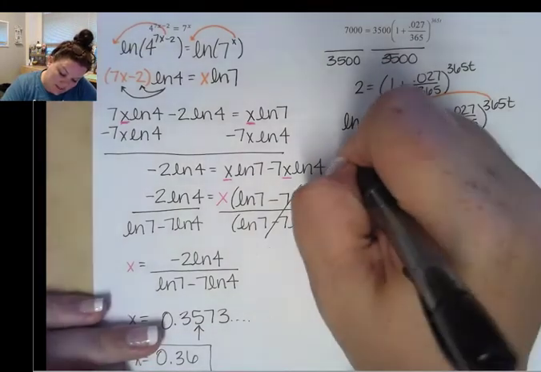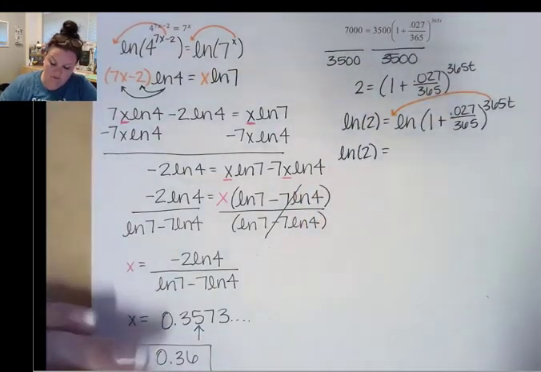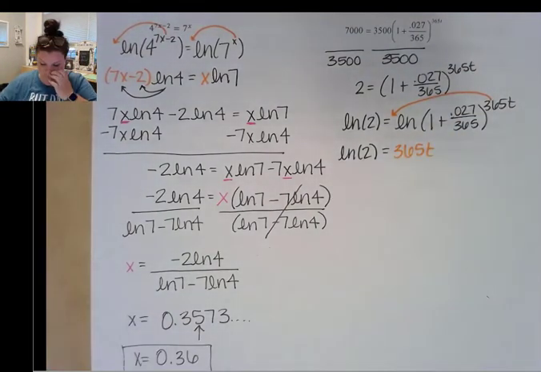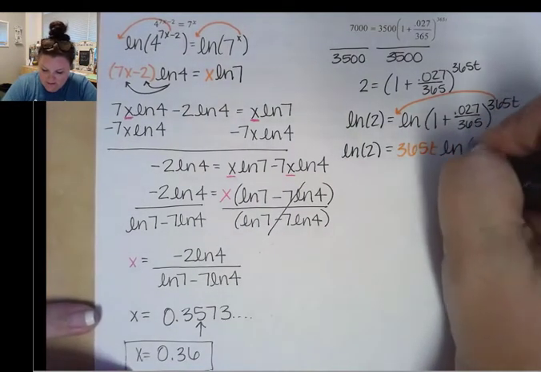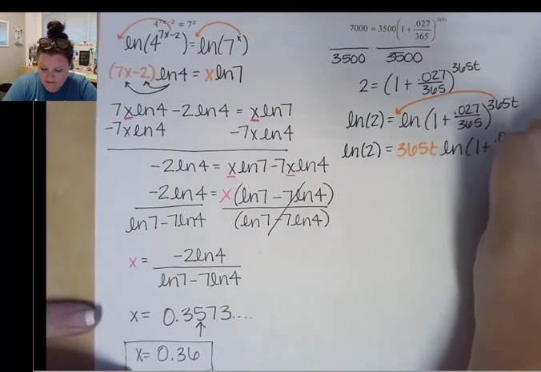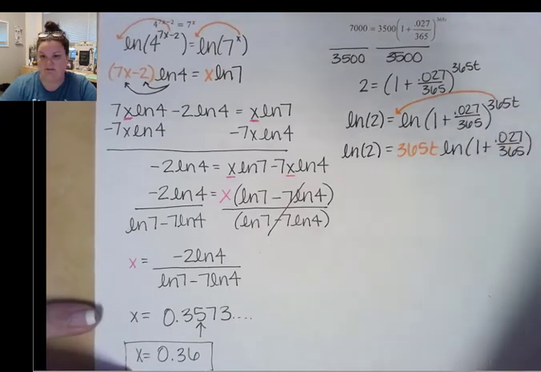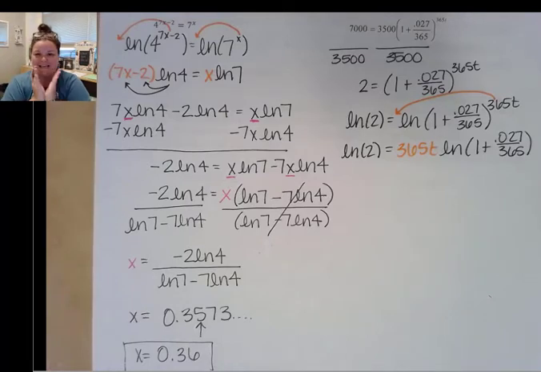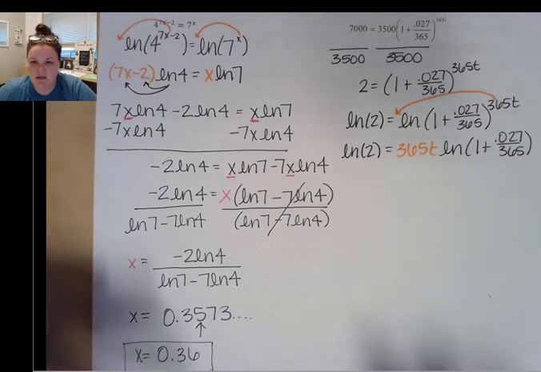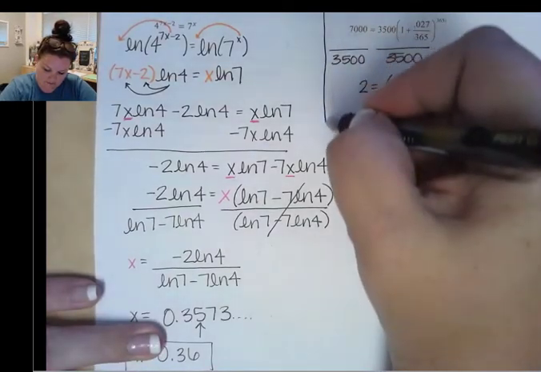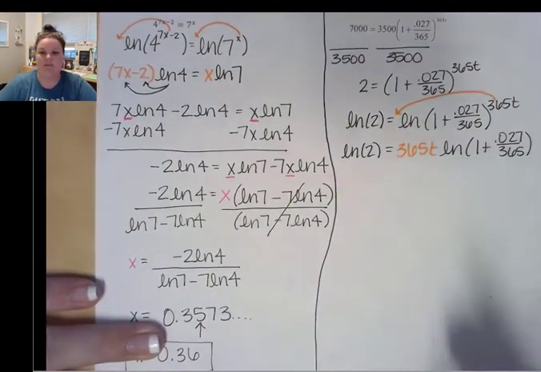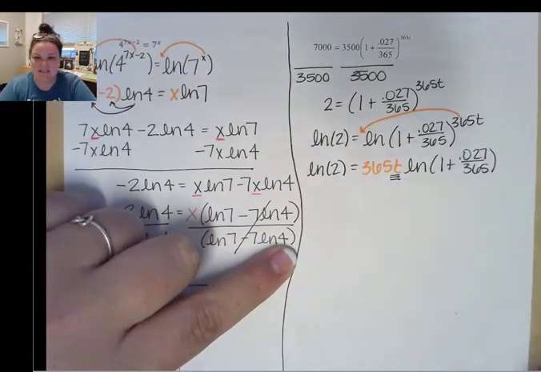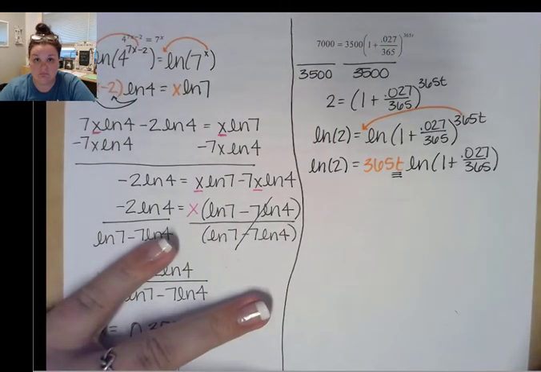So now it looks like ln 2 is equal to 365t times the ln of 1 plus 0.027 over 365. Okay. And now I just got to figure out how to solve this. All right, so when I look at it, and I'm sorry, my work kind of ran together here. All right, so when I look at this one, I'm solving for t. That's the thing I want to get by itself, right?